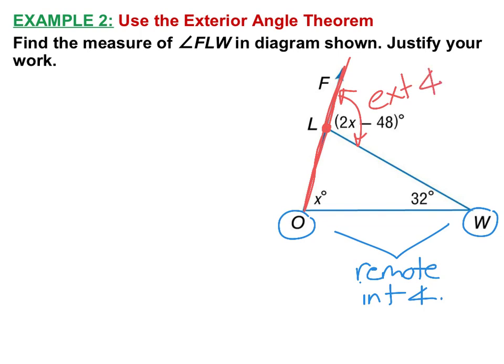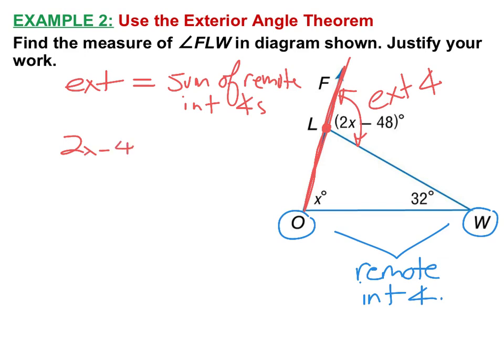We know the exterior angle is equal to the sum of the remote interior angles, because of the exterior angle theorem. So the exterior angle is 12x minus 48, equal to the remote angles, x plus 32.